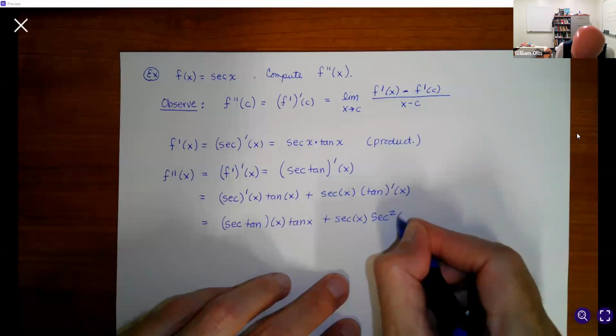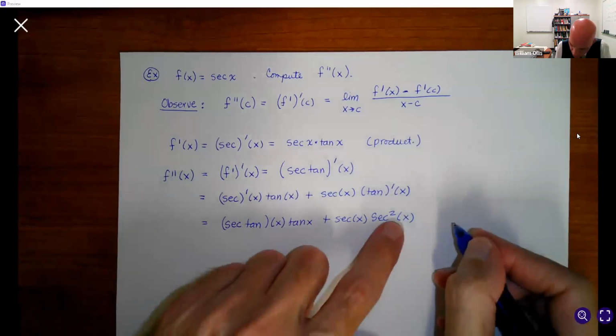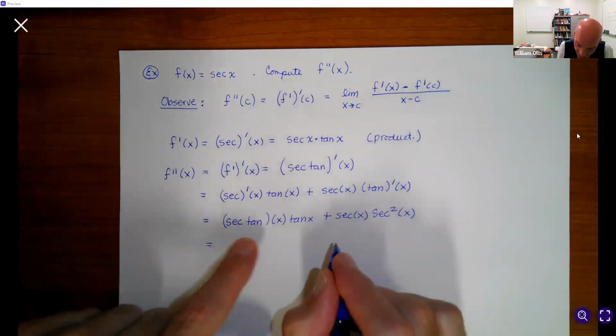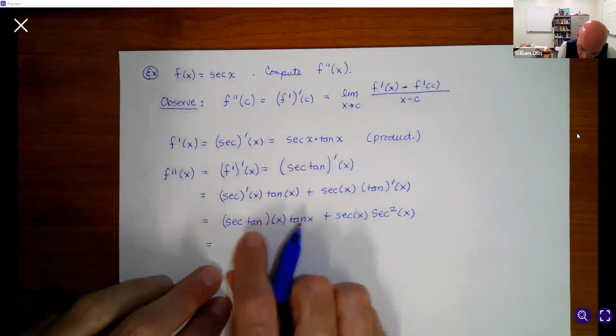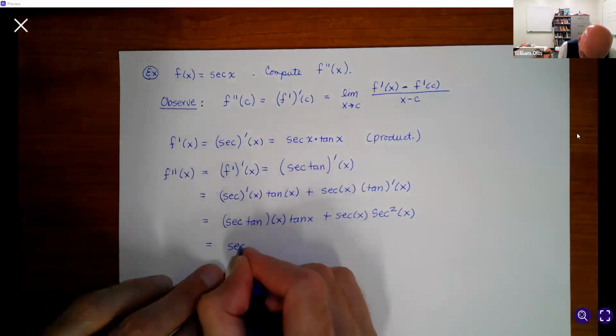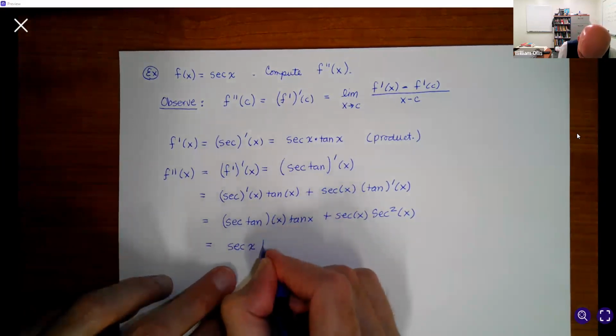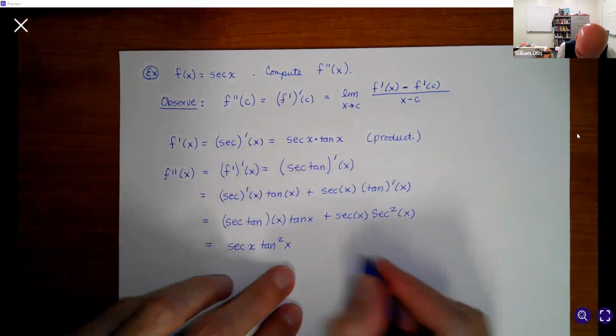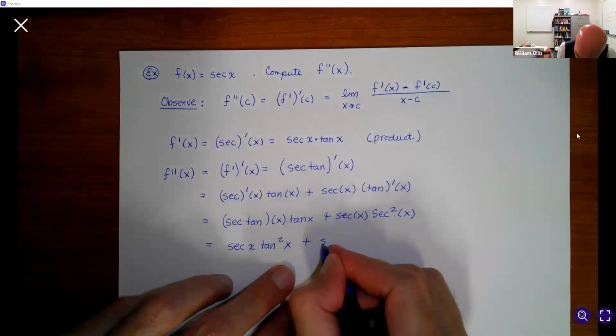And we'll use the cheap subscript, superscript notation. So now we can take the definition of the product. So we get 2 copies of tangent and 1 copy of secant, and write it in the lazy way, like that. And then plus secant cubed.